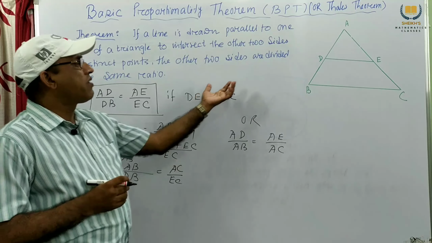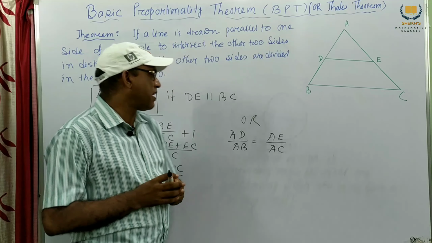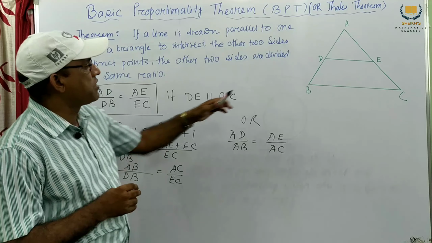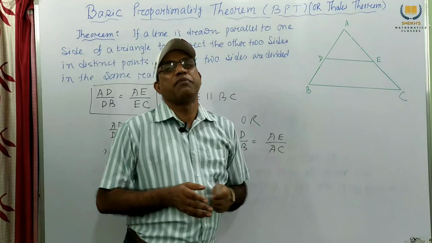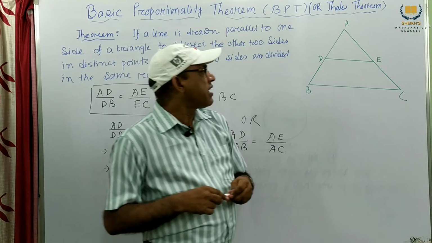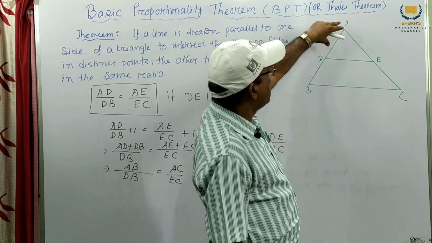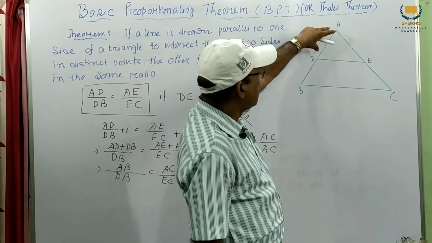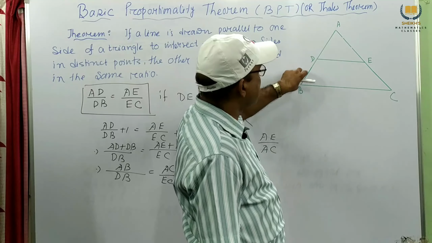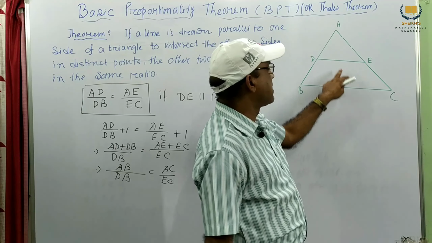When you have to solve some problems, then we always use this formula. If these two are parallel, we can use the basic proportionality theorem, or if this by this equals this by this, then obviously this and this are parallel.